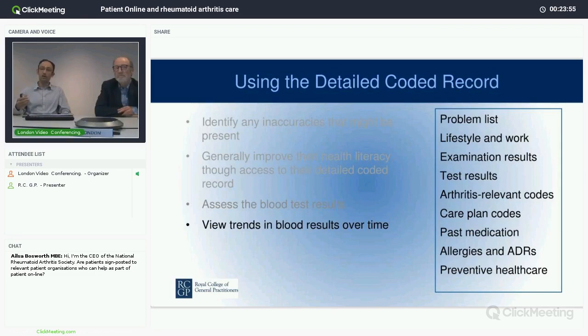Often patients move areas, they may move rheumatology departments, so often the only place where this historical information with regards to blood tests is kept is with the GP and the GP record itself.